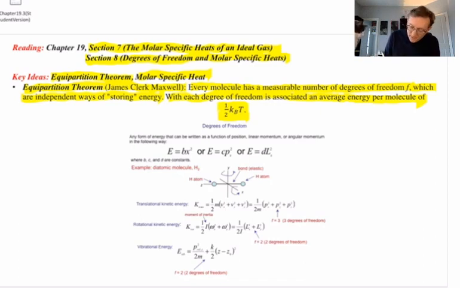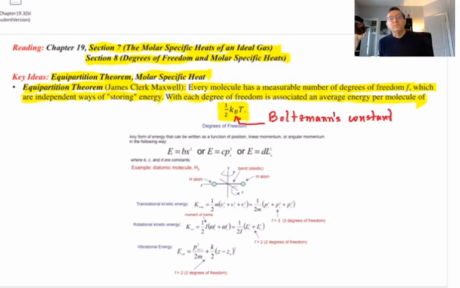Remember, that's the symbol for Boltzmann's constant, times the absolute temperature in Kelvin, big T. For every degree of freedom, the average energy of a molecule is 1/2 Boltzmann's constant times the temperature.